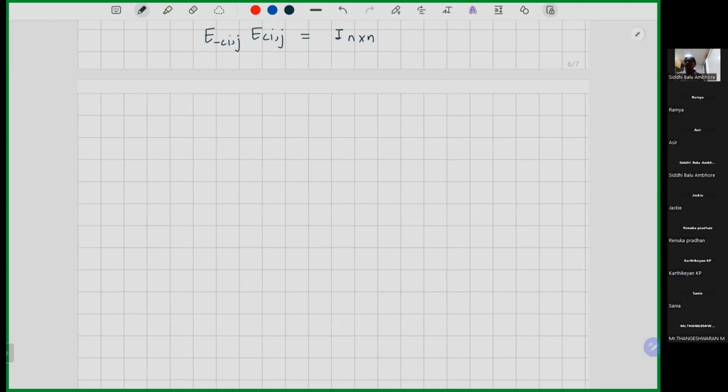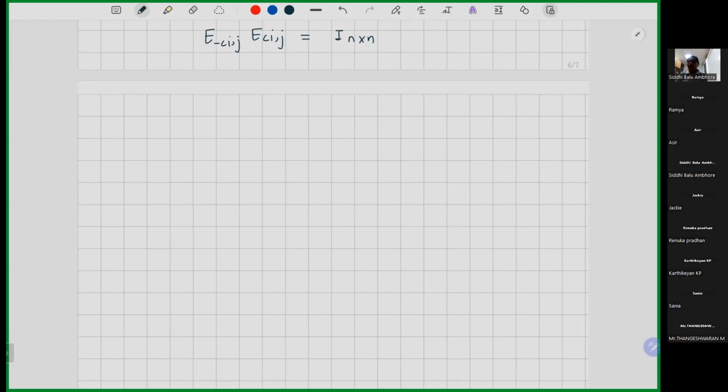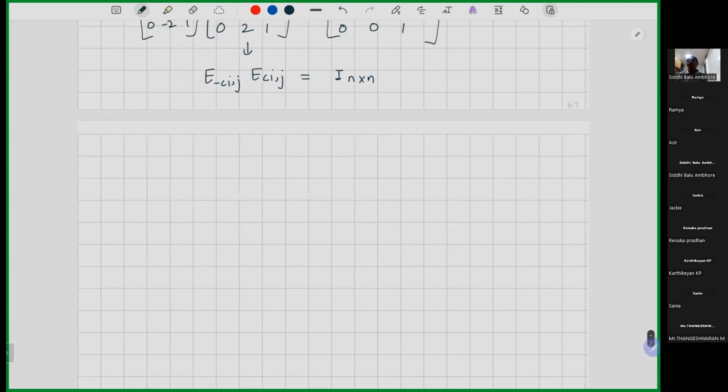Elementary matrix means 1 row operation. Once we have a second row operation, it is no longer an elementary matrix. Okay, thank you. A matrix obtained by applying elementary row operations to the identity matrix is not necessarily elementary. An elementary matrix is only 1 row operation applied to the identity matrix.